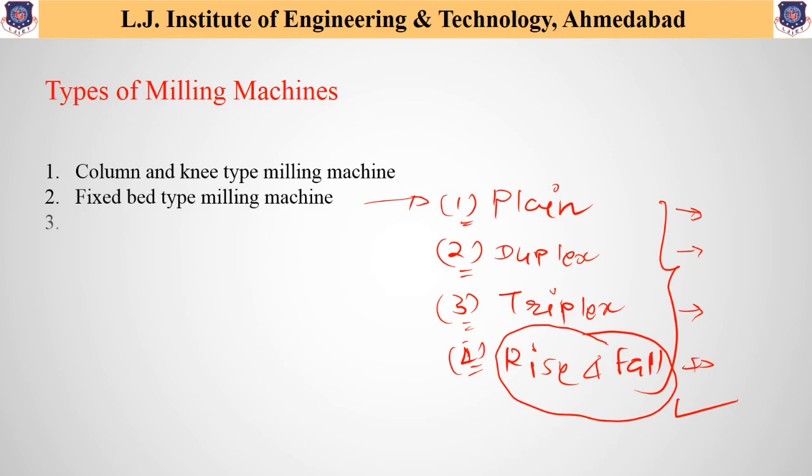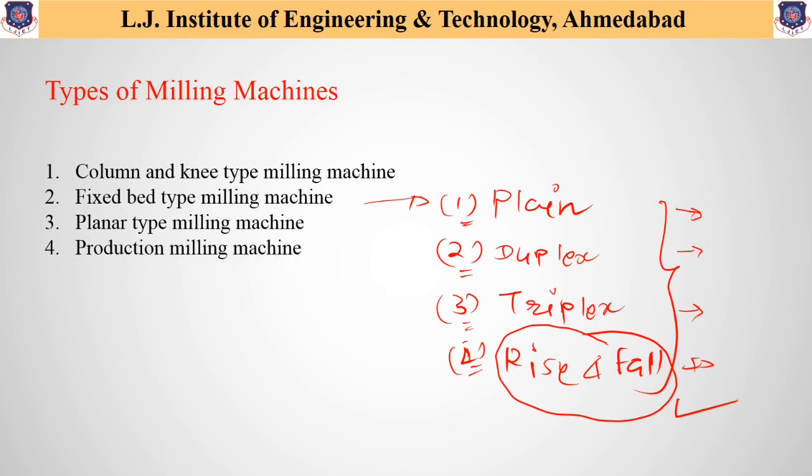Now the third one, that is the planer type milling machine. Similarly, the fourth one, that is the production milling machine.